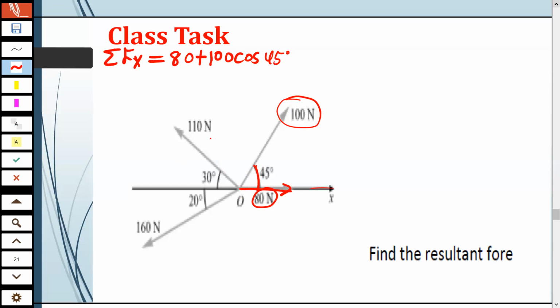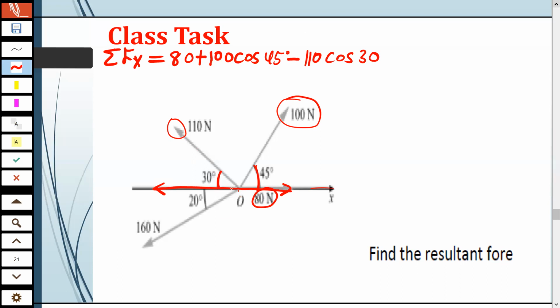Then you also move on to the next force. The x component of this force is adjacent to the angle, meaning we're going to use cos, and it's pointing towards the negative. So we say negative, and since it's adjacent to the angle, we say 110 cos 30. The other force that we have is this one.